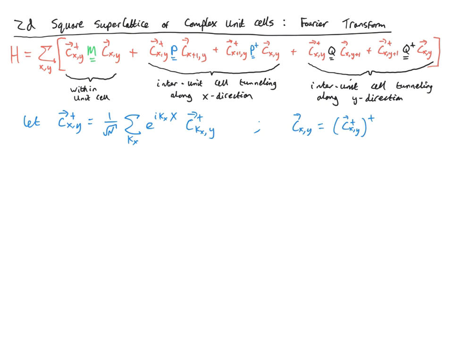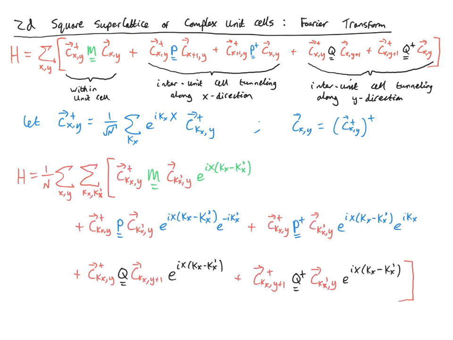I can just substitute that into my expression and we'll see what we get for the Hamiltonian. Okay, so this is what we get. It's a complicated expression with a big zoo of terms here. Let's just work through them term by term.